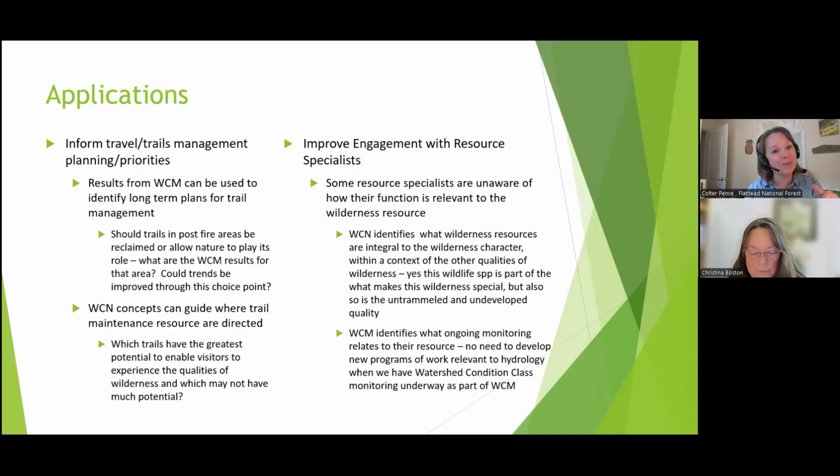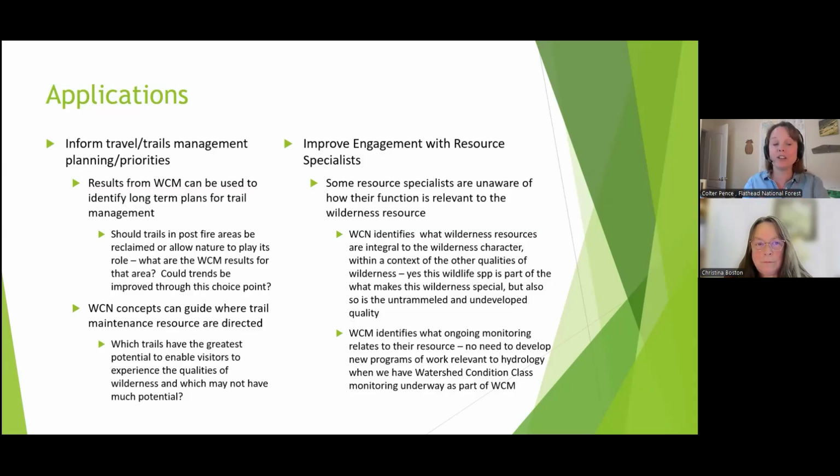And also that the resource they're interested in exists within a context. So here's the example. Wildlife biologists might be pleased to see that a wildlife species they're very interested in is present and accounted for in wilderness, and that it is a part of the area's wilderness character. But they would also see in the wilderness character narrative that there's a balancing act there.